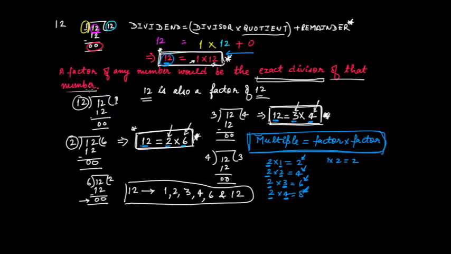By exact divisor we mean one that always gives remainder 0. If you divide a number by another number and the remainder is 0, then that number is an exact divisor, and the exact divisor is called a factor of that number. What's the next point?